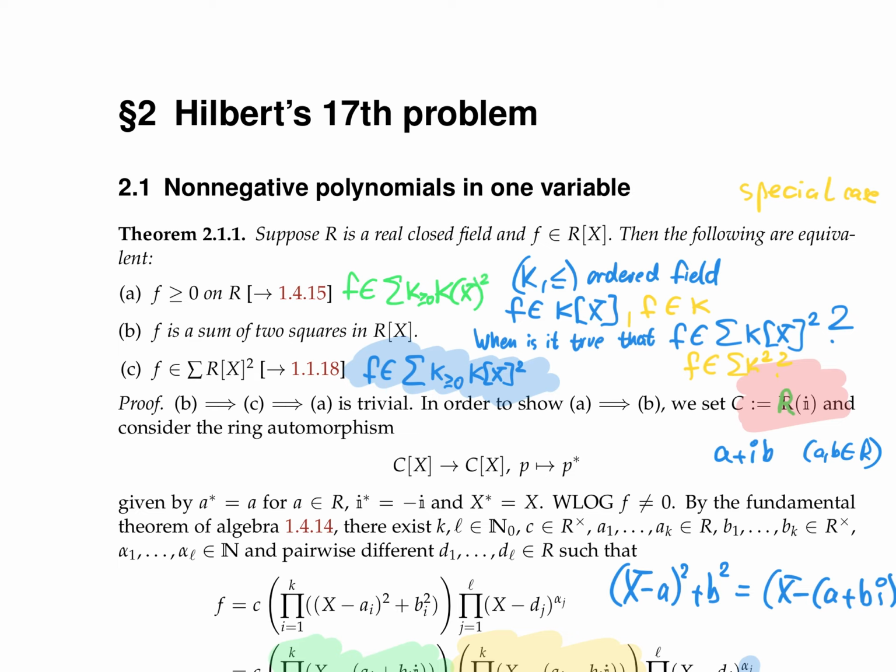In Hilbert's 17th problem, I told you already, you need to take rational functions so that it's true. And so the question is, does it make a difference looking at rational functions or at these kinds of representations? So weighted sums of squares of rational functions versus weighted sums of squares of polynomials.